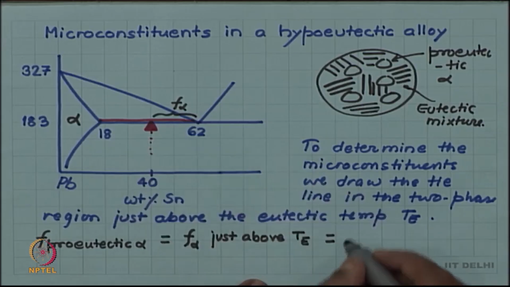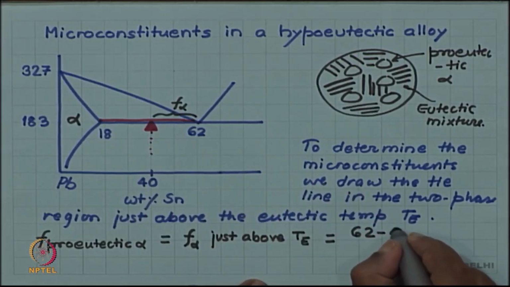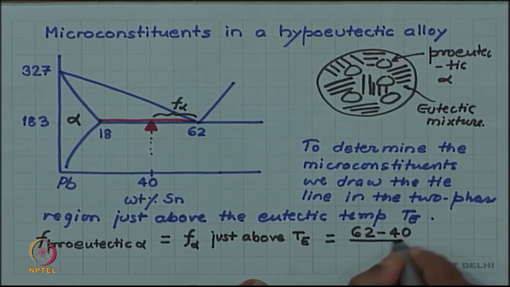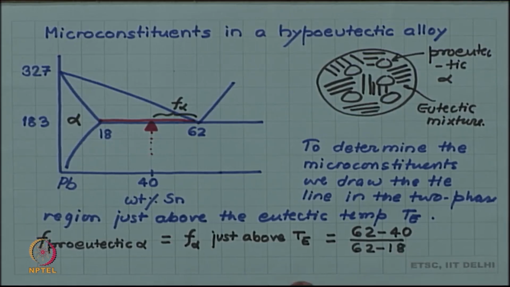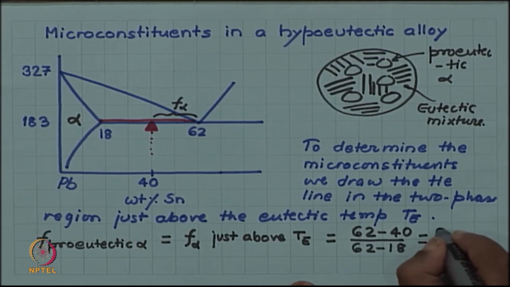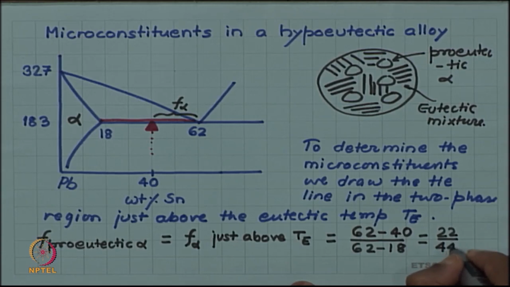That in our diagram is 62 minus 40 divided by 62 minus 18. Happily it comes out to be nice numbers. So, this is 22 by 44, it is exactly 0.5.